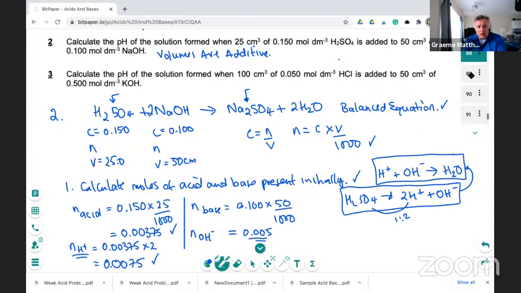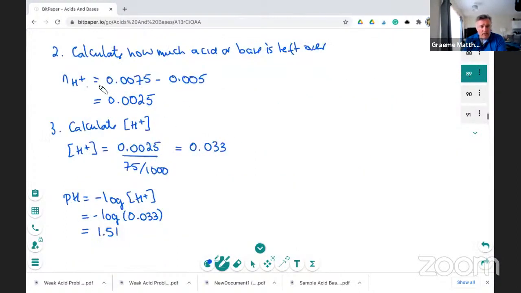And so you would have step 2, calculate how much acid or base is left over, right? Because obviously what I did is I looked at the moles of acid and base.